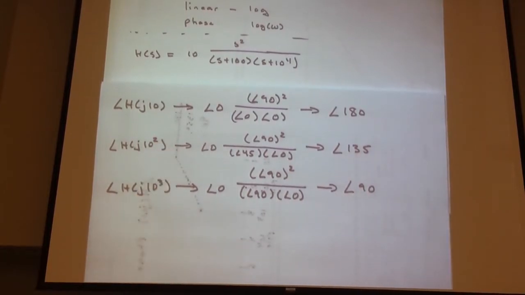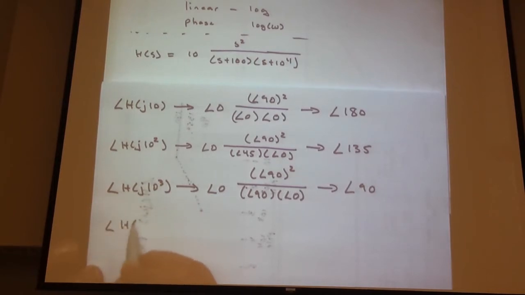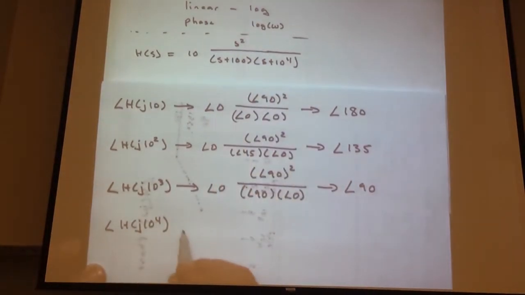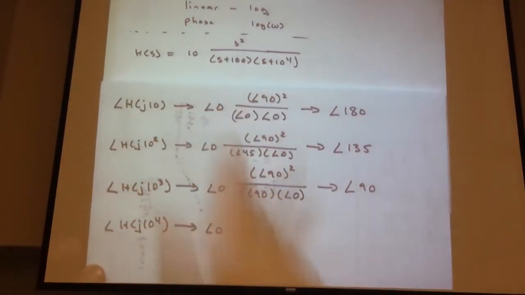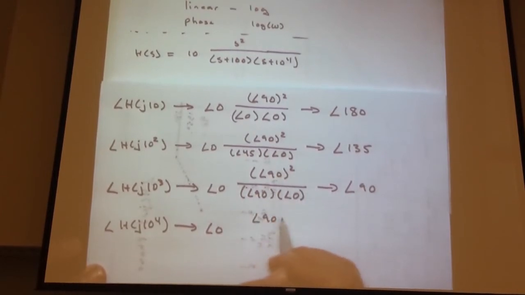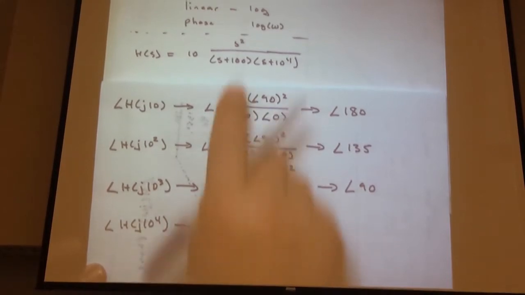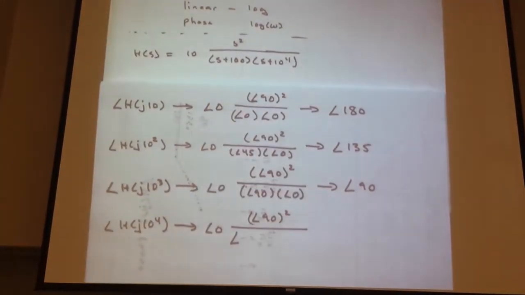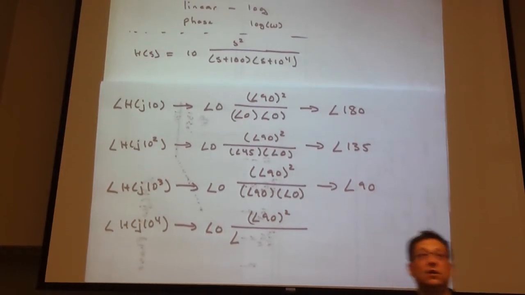And that's continuing the steps. And we can look at angle H of j10 to the 4. And again, there's our transfer function. Angle 0 for the 10. Again, this guy doesn't change. Angle 90 squared. And so j10 to the 4 is much, much larger than 10 to the 2.